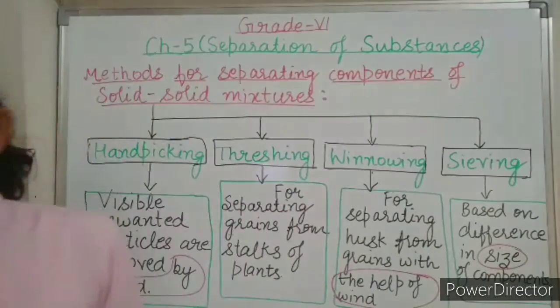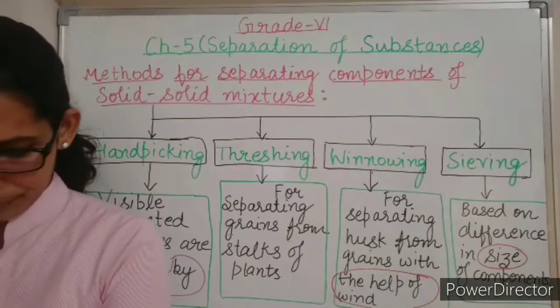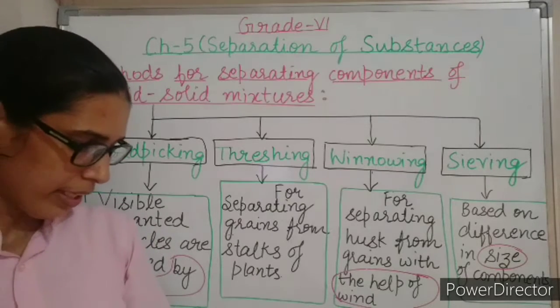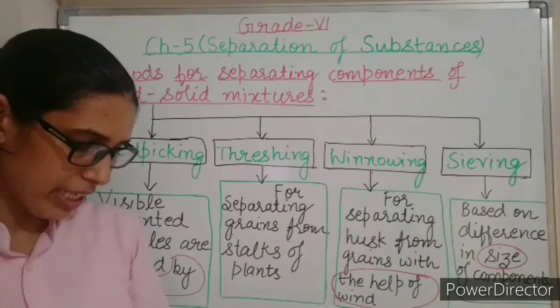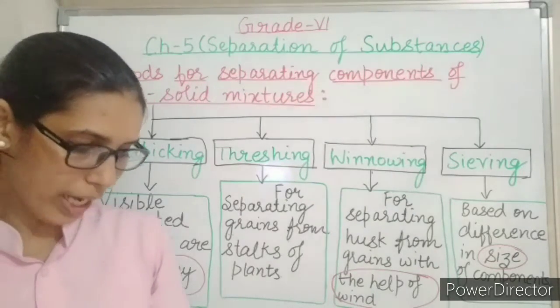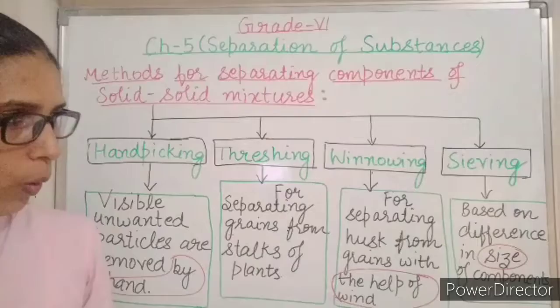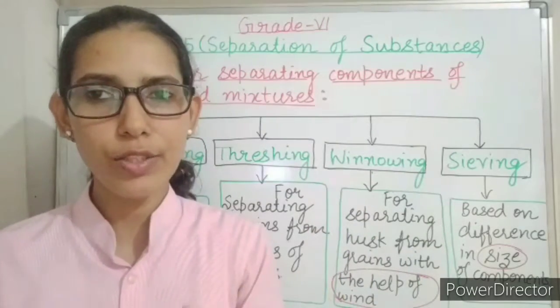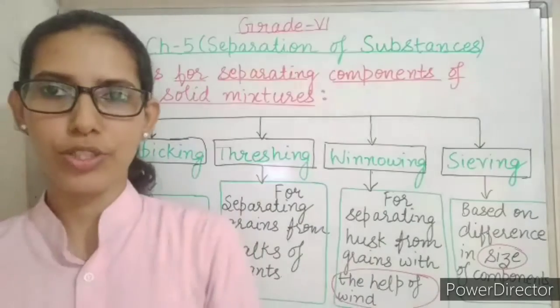So let's see some questions now. A mixture can be separated by sieving but not by winnowing or hand picking. Why? As I told you just now, sieving is used when there is difference in the size of the components of the mixture.